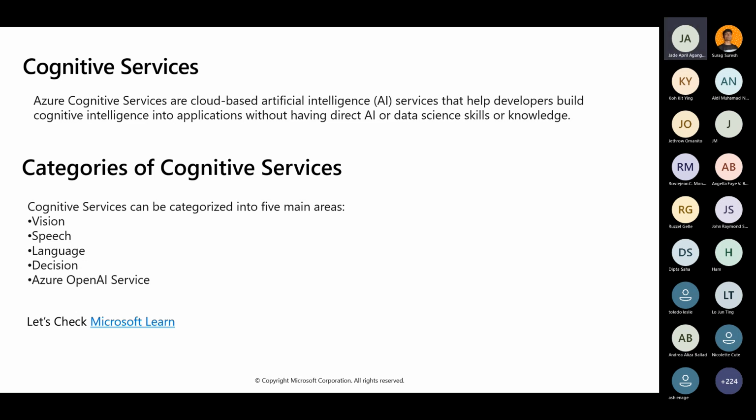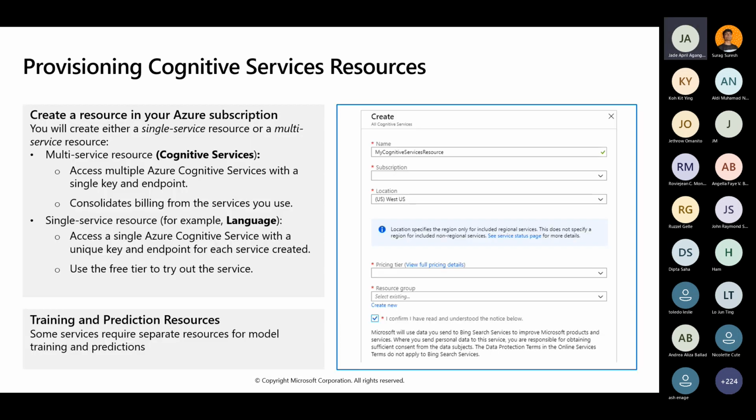So let's move forward with provisioning cognitive service. This is what I'm trying to tell you. If you're going to create your resource in Azure subscription, you're going to create a service, so you're going to put your name there. And this part here in the subscription, if you could see, we are looking at the figure at the right side of the screen.